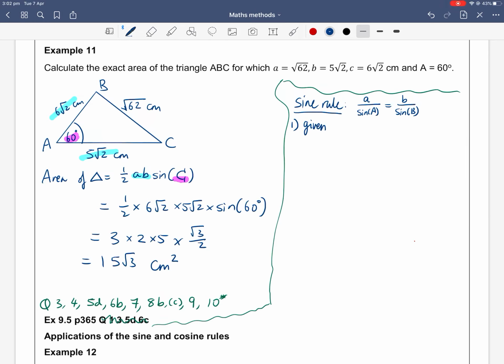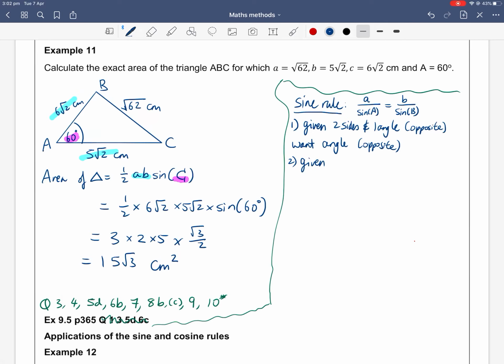We use the sine rule in two cases. Number one, when we are given two sides and one angle which is opposite one of the given sides, and we want to find an angle which is opposite the other given side.